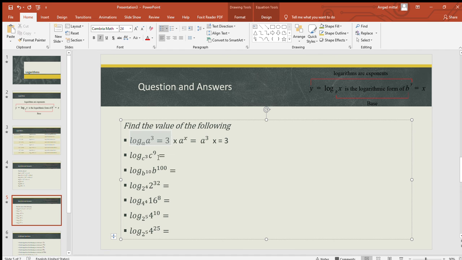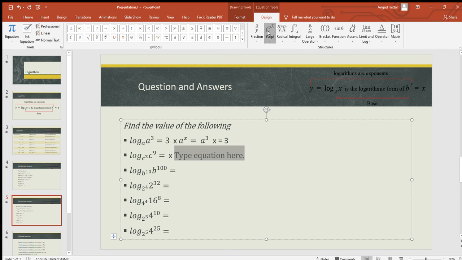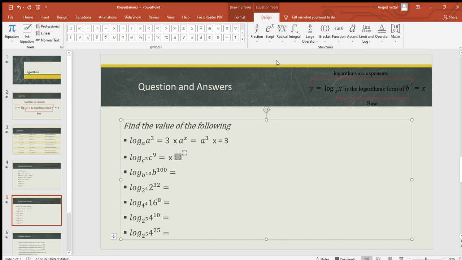Second question, same thing, take the unknown value as x and then convert it into exponential form. The exponential form will be c cubed raised to the power x, or if you open the bracket it becomes c raised to the power 3x, because according to the exponential law, if it is c raised to the power 3 and then raised to the power x, the exponents multiply and it becomes c raised to the power 3x.